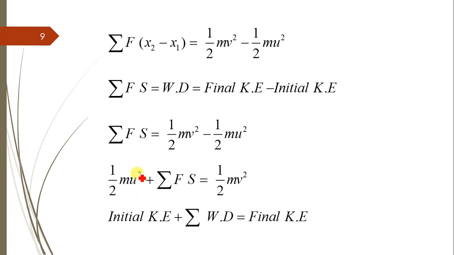Also, if you simplify this same expression of the work energy principle, you can see F into S, the work done, is equal to final kinetic energy minus initial kinetic energy. Transferring the initial kinetic energy to the left hand side, you get initial kinetic energy plus work done is equal to final kinetic energy.